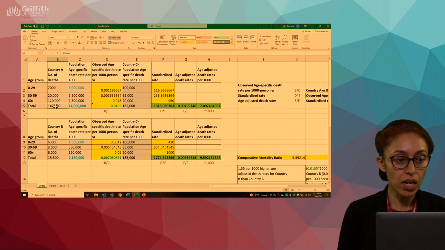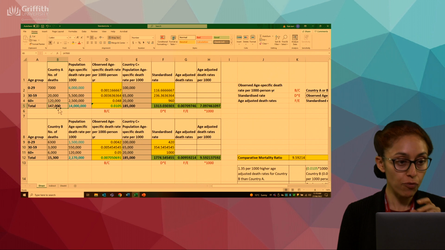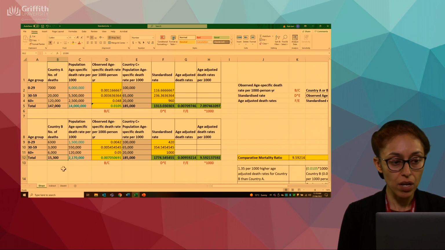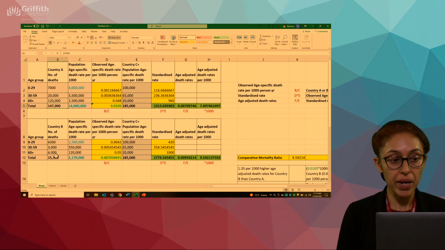If you look at the total number of deaths, over here you have 147, and over here you have 15,300. Looking at these two numbers, you may think, oh, country A has more people dying compared to country B.